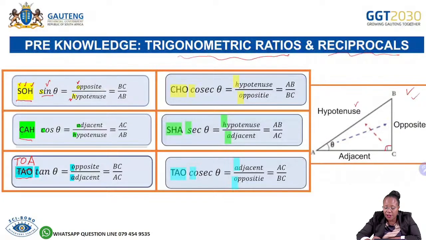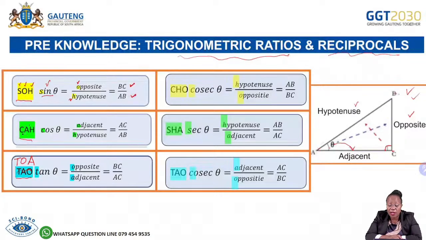In reference to theta here, which is angle A, the opposite side is the side opposite the angle, and the adjacent will be that particular side. So when you say sine theta is equal to opposite over hypotenuse, that means when we are looking at the sine of theta, that will be the opposite side BC over the hypotenuse side AB. Hence we have BC over AB for that.